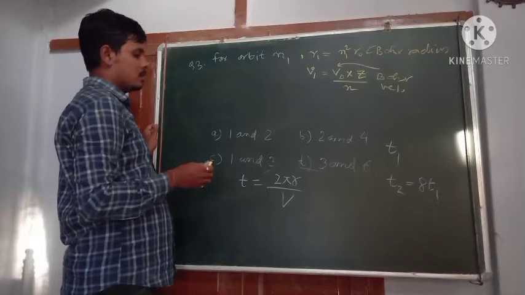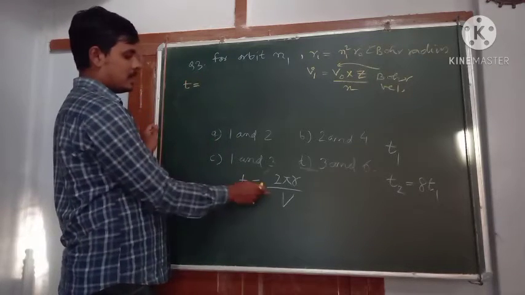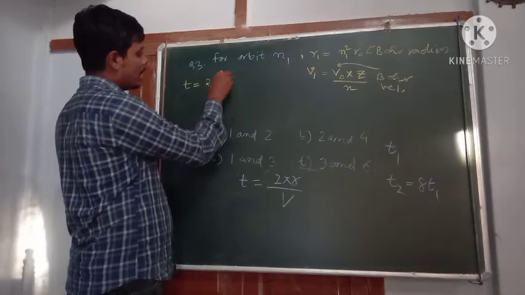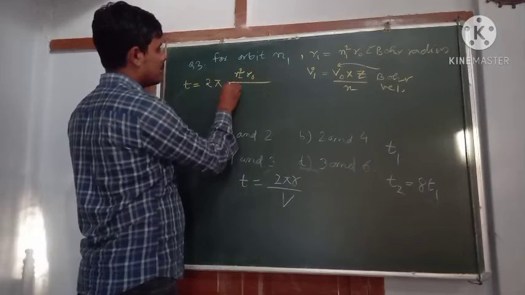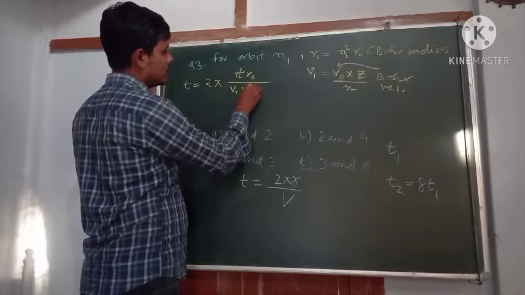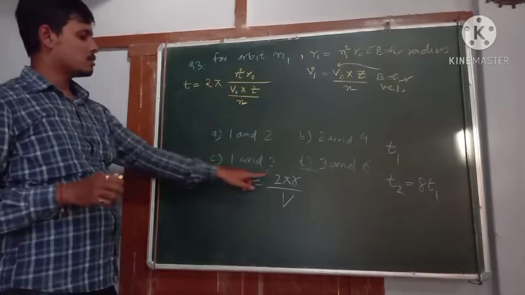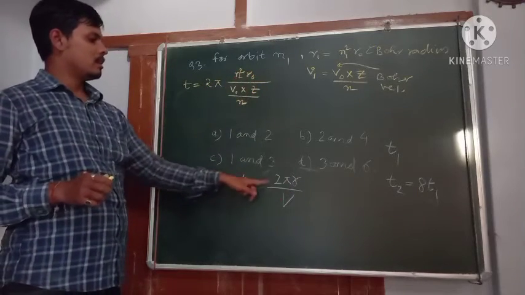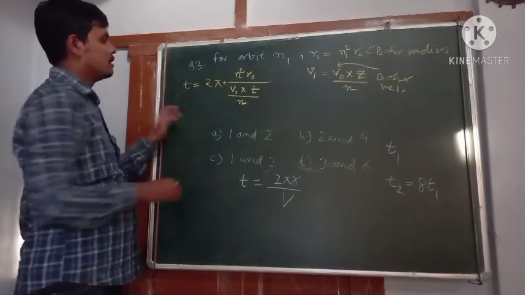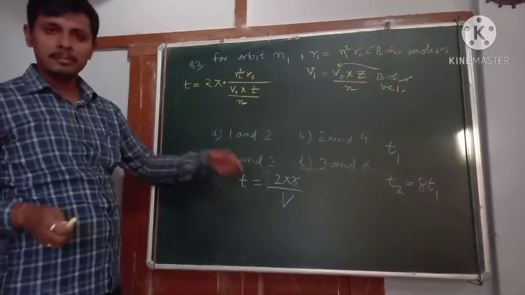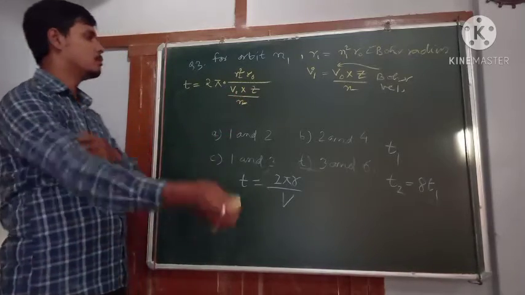Or we can also generalize this as twice pi r is n square r naught by v naught into z by n. So rn equals n square r naught, and the velocity of an electron in the nth shell, vn, equals v naught into z by n from the Bohr's model.